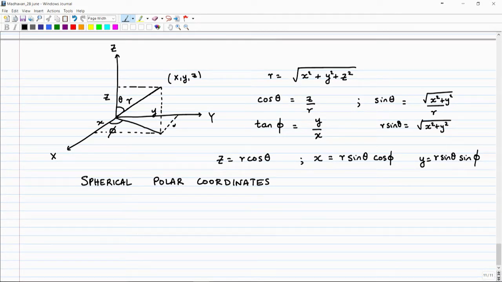Now, you can do various things. If you remember, when we went to functions of x, y, z, we call them scalar fields.